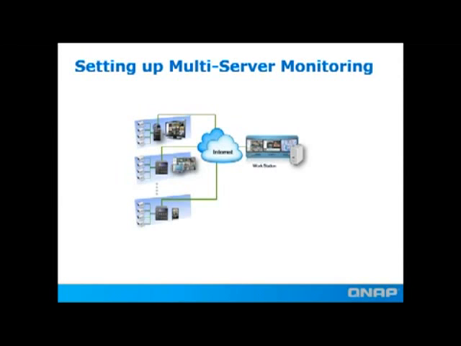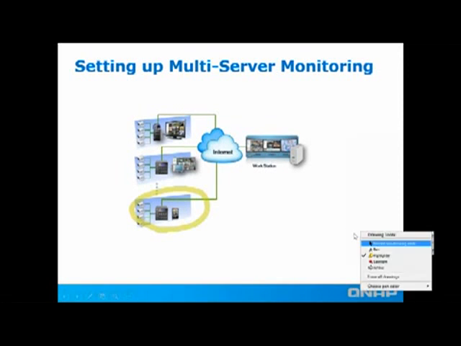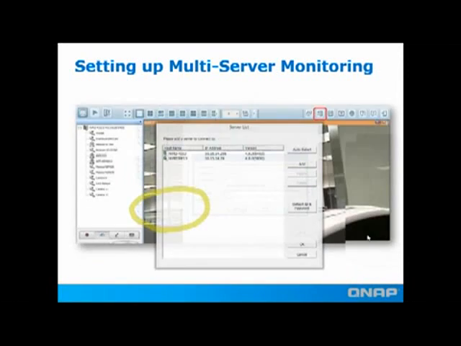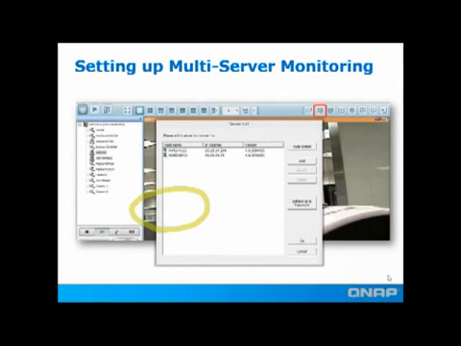The next topic is if you want to daisy chain more than one standalone NVR together like this, it's very easy. Basically you log into the server that you want to use, for example this one, and it's going to look like this.